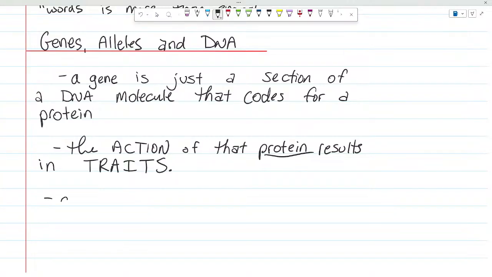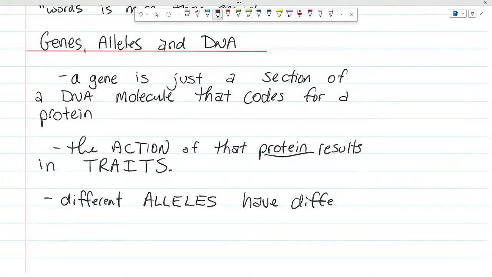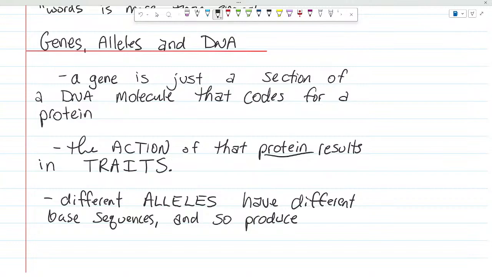So then different alleles have different base sequences and so produce different proteins. Sometimes mildly different and sometimes very different.